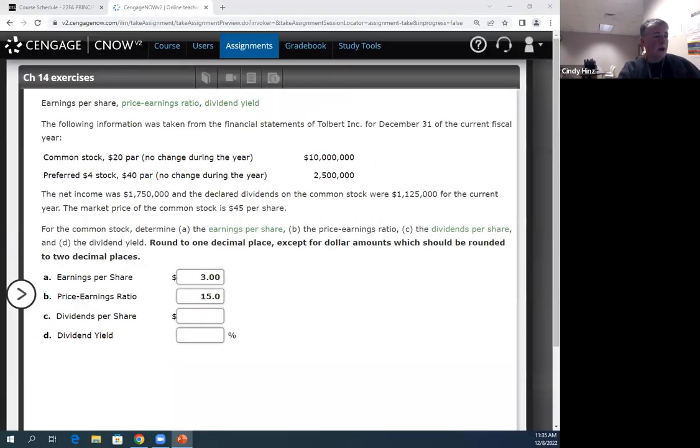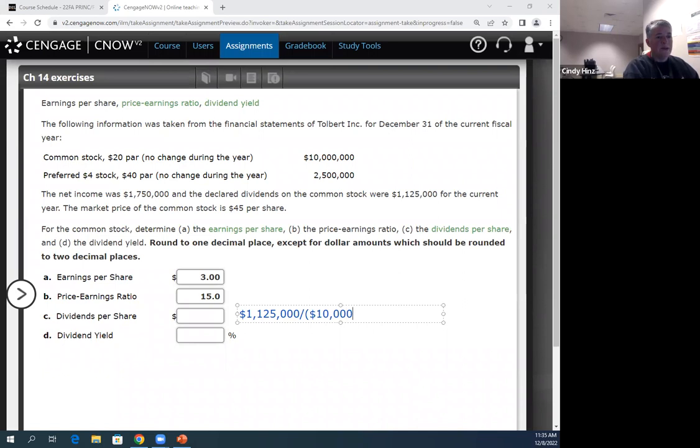So let's go to our final two calculations here. Dividends per share. The declared dividends on the common stock were $1,125,000. And we already calculated how many shares there were, but I can't remember, so I'm going to have to recalculate that.